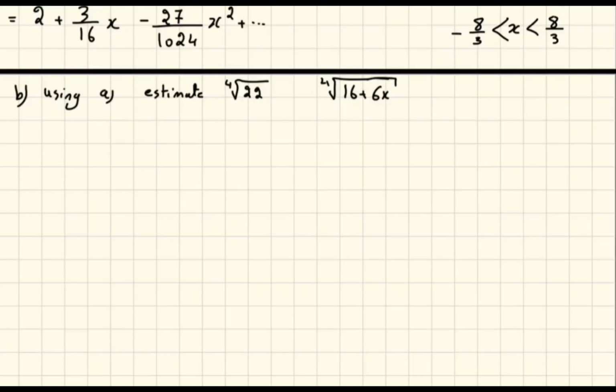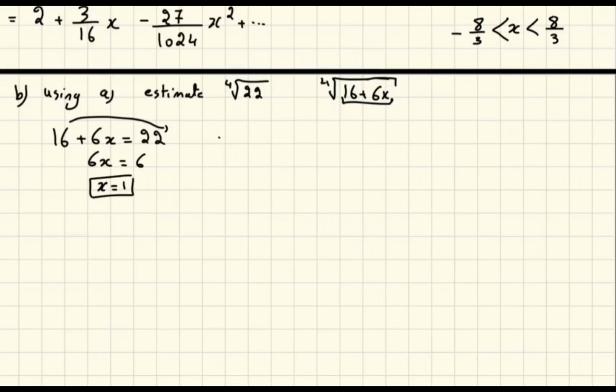Now, I want this to be 22. So I will write 16 plus 6x equals 22, and let's check which x value will give me 22 inside the fourth root. So subtract 6 on both sides, or just take the 16 to the other side. It becomes negative 16, so 22 minus 16, which is 6, and we get x equals 1.